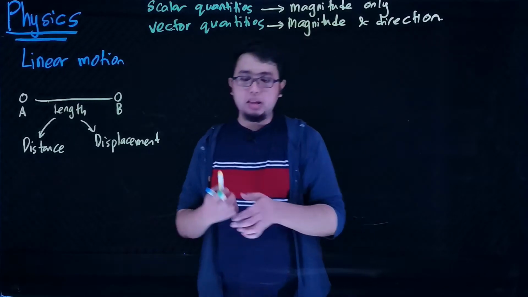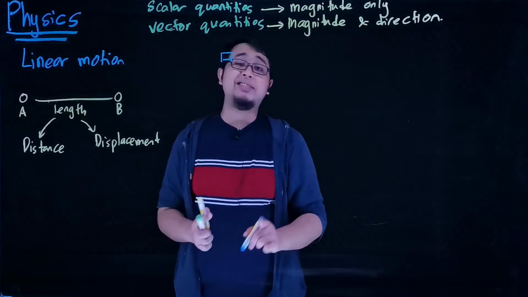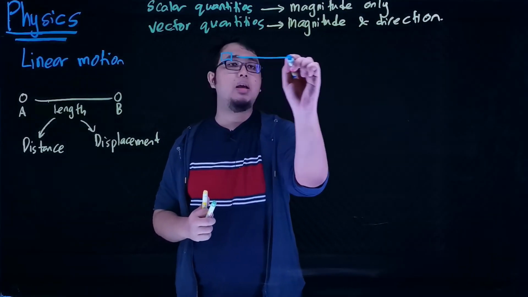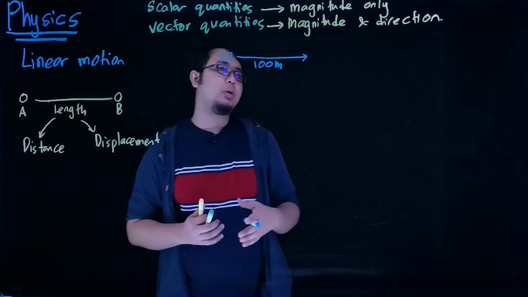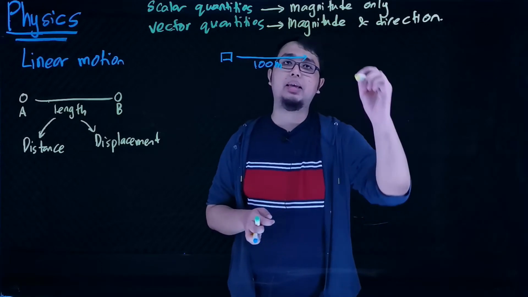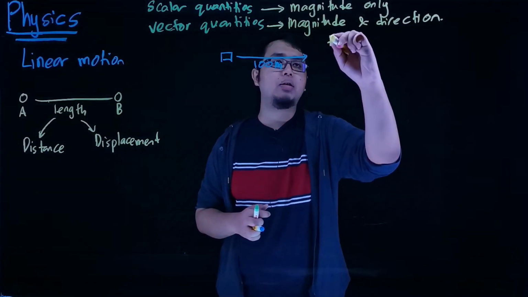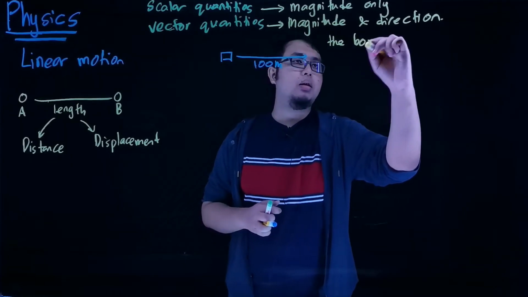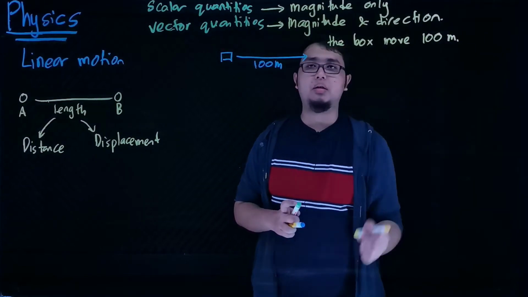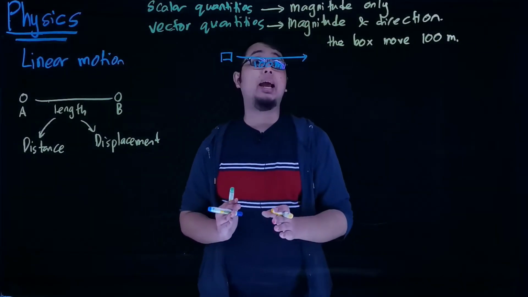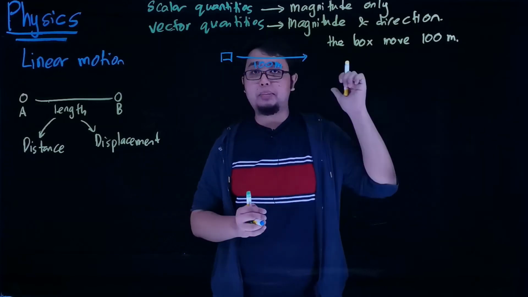For example, let's say I have an object and this object travels 100 meter. If I say it's a scalar quantity, where it only contains the magnitude, the box moves 100 meter. So this 100 meter can be to the front, to the right, to the left, or to the back.